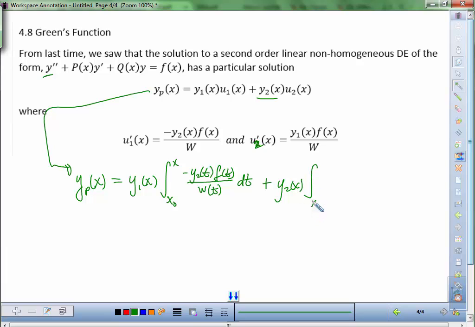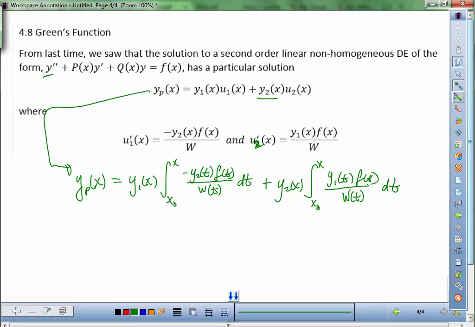Integrate again from the same deal, from x naught to x of y1 of t times f of t divided by the Wronskian as a function of t dt. Okay, so far?